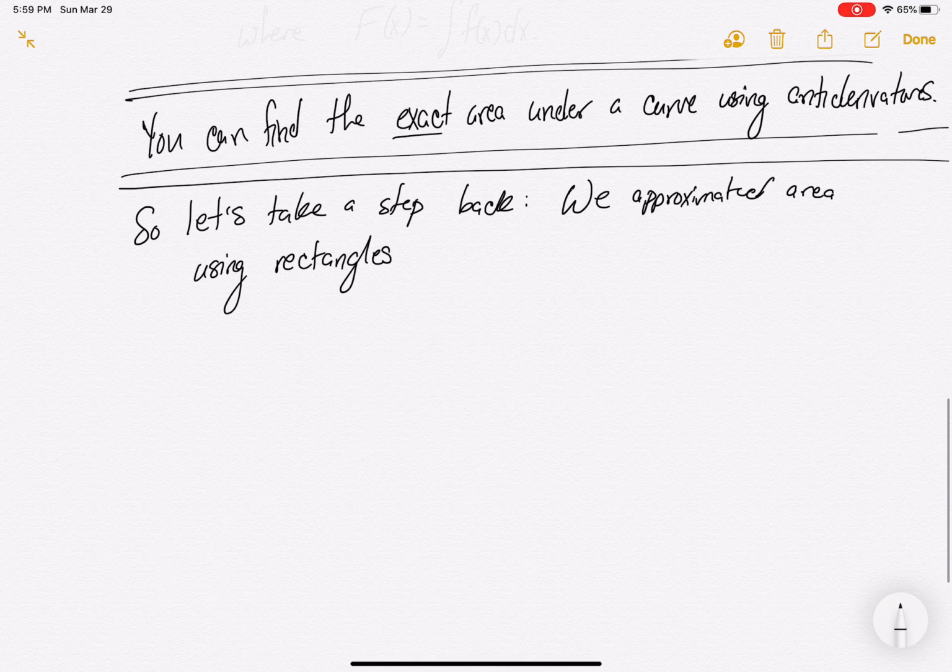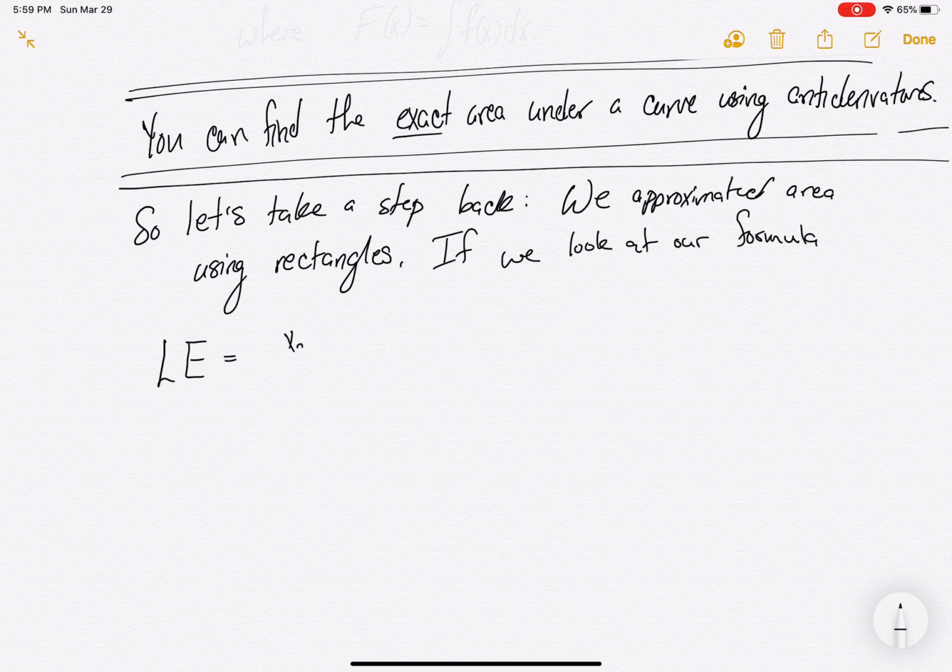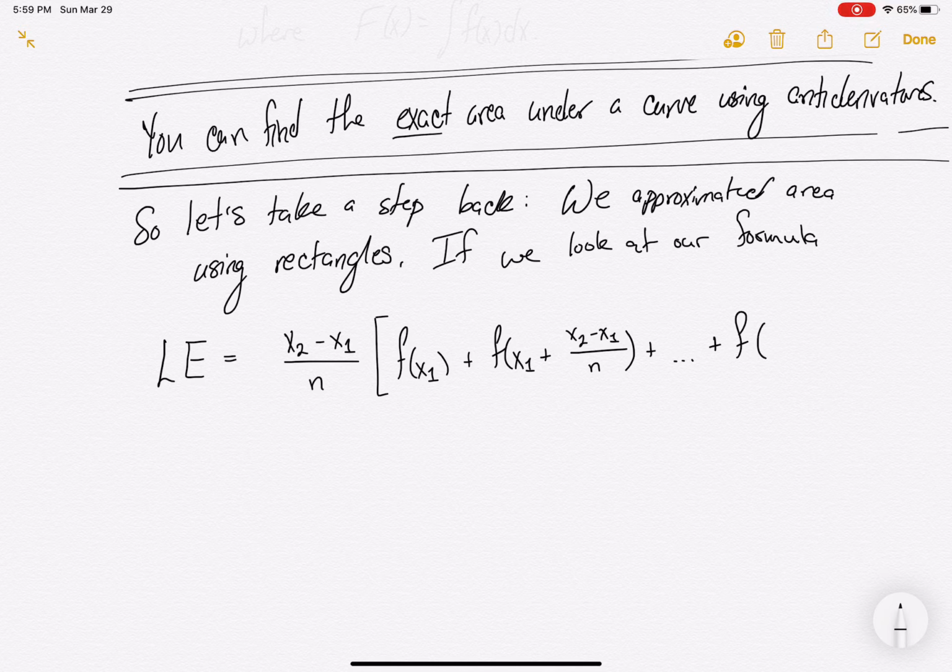And if we look at our formula, and I'm just going to use the left endpoint formula, this was x2 minus x1 divided by n, f of x1 plus f of x1 plus x2 minus x1 divided by n plus dot dot dot plus this last piece. That was our left endpoint version.